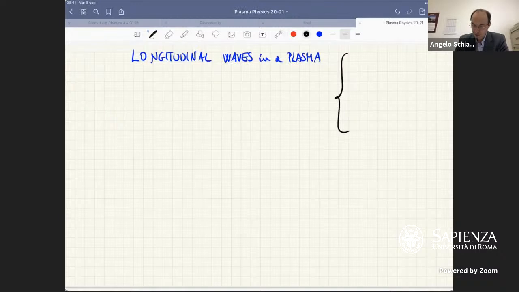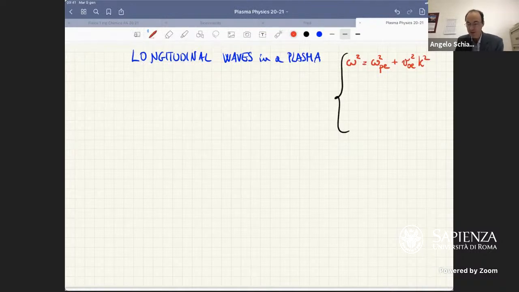So we have a dispersion relation. Let's give it a color code scheme. So let's use, for instance, red for electrons. So we have omega squared equals omega e, the electron plasma frequency squared, plus V0e squared K squared. And this is just the relation that we derived for the electrons.